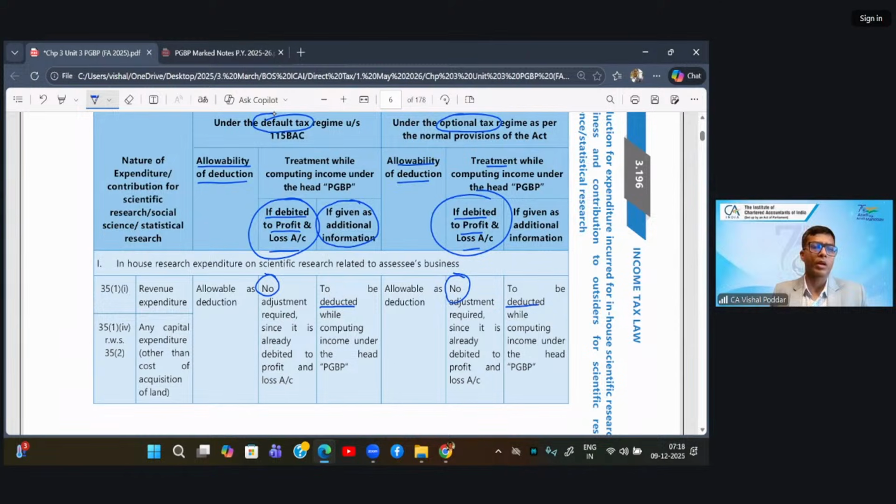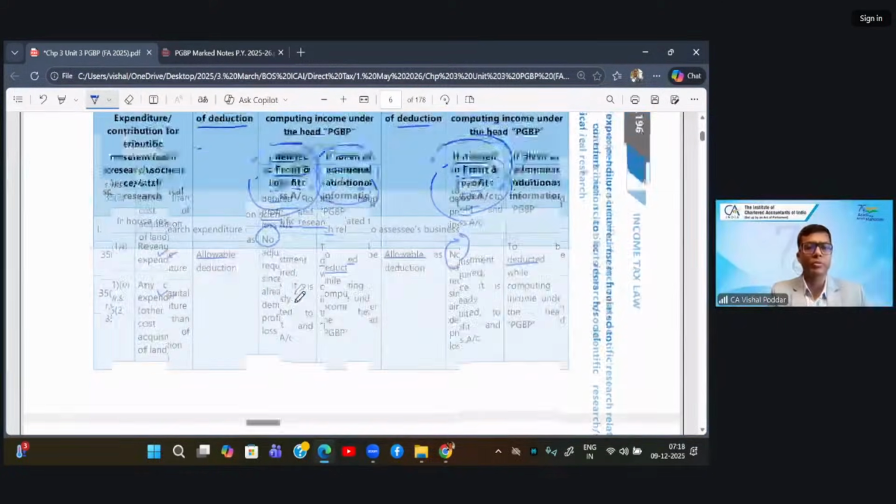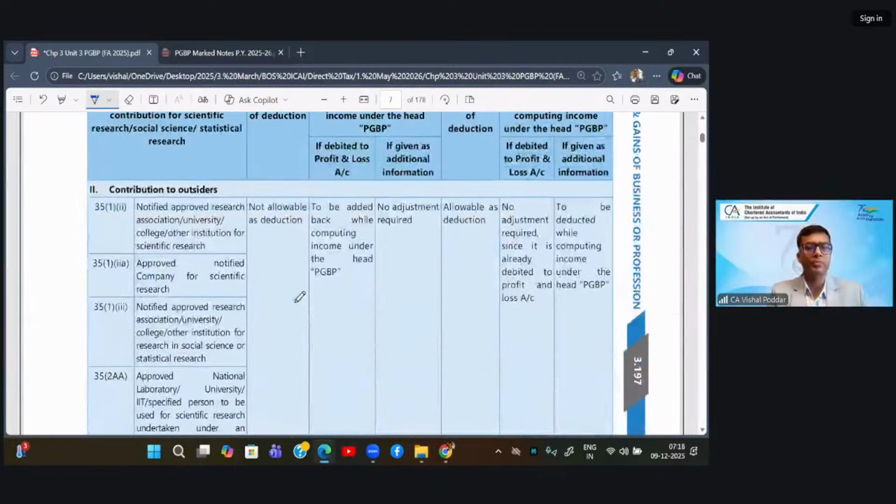Now here, a comparison is given as to what expenses are allowed under which scheme. Scientific research expense, revenue or capital, is allowable under both the new and the old scheme, so there is no challenge with this. Then, similarly, payment to an outside approved scientific research association.